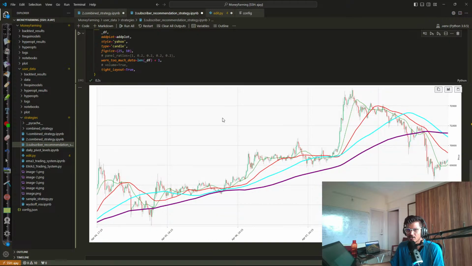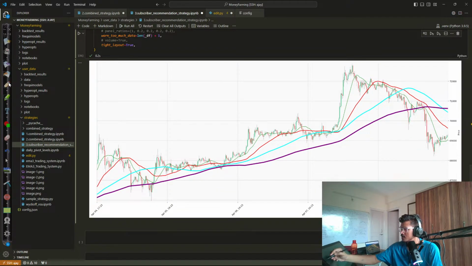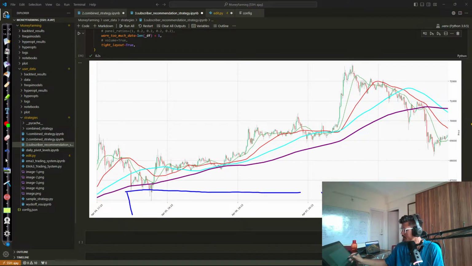Now on panel 2 here I want to plot my percentage B width. My marker is not working properly anyway, so let's go ahead and do that.